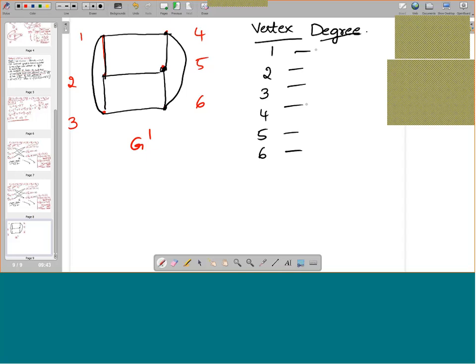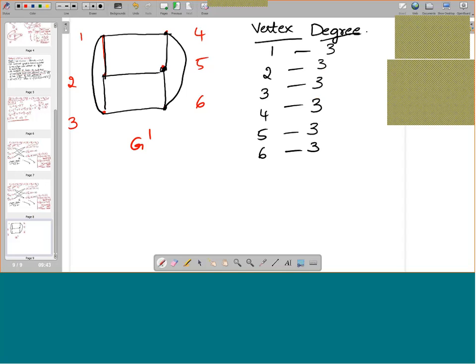So for 1 it is 3, good. For 2 also it is 3. For 3 it is also 3. So good, Maniteja. All the vertices have degree 3. 4 also 3, 5 also 3, 6 also 3. All vertices have the same degree.